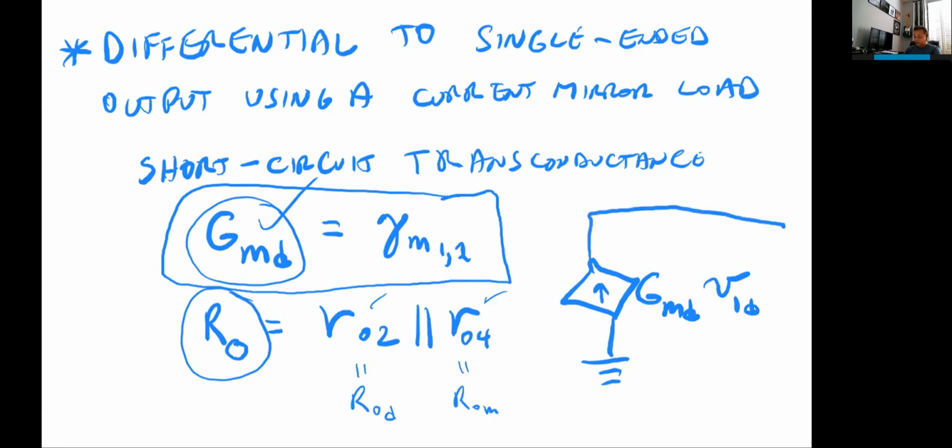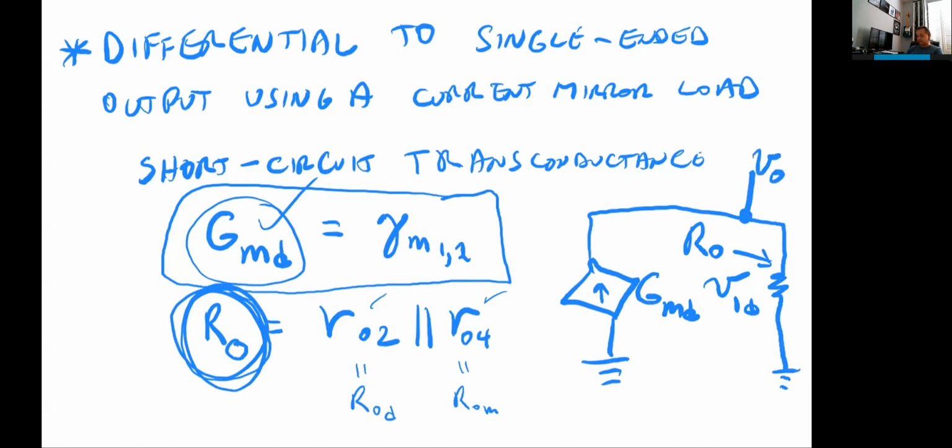And then here, this is going to be the RO that I found, that abstraction. And then at this node, I'm going to have my single-ended voltage. So now I know what my output voltage is going to be, because it's going to be this current times that resistance.